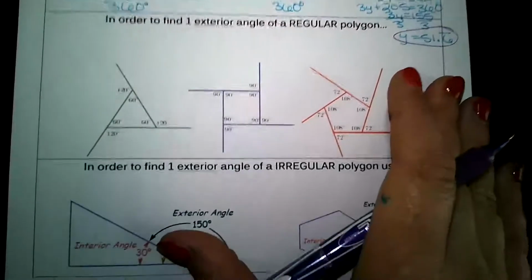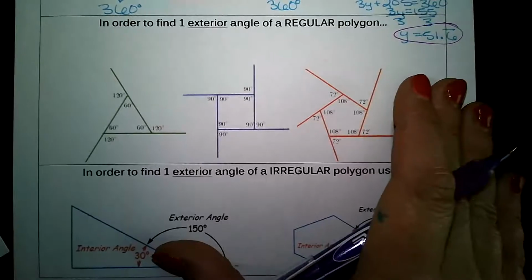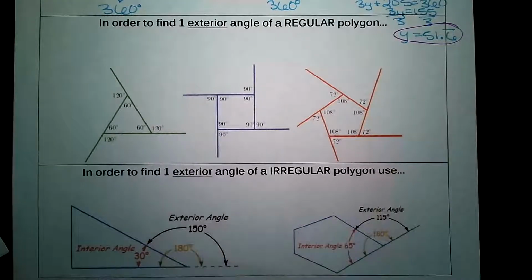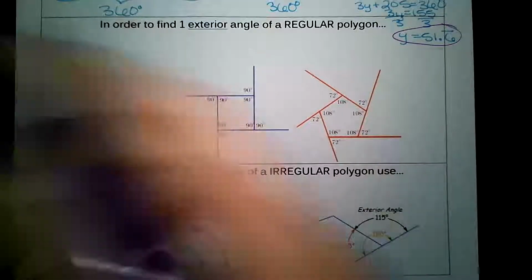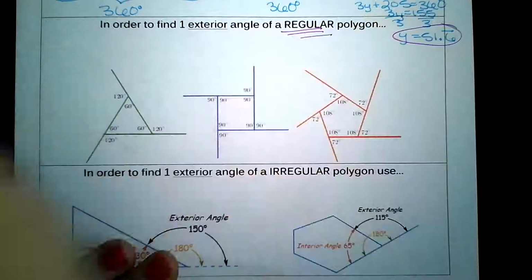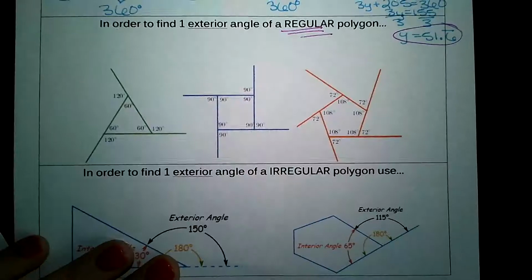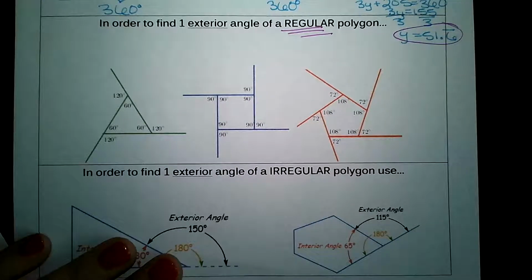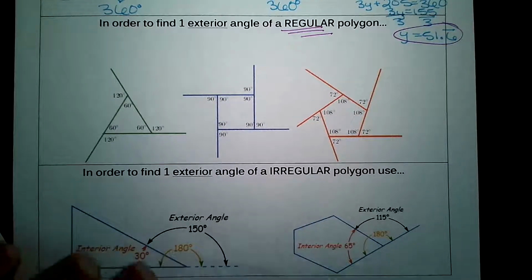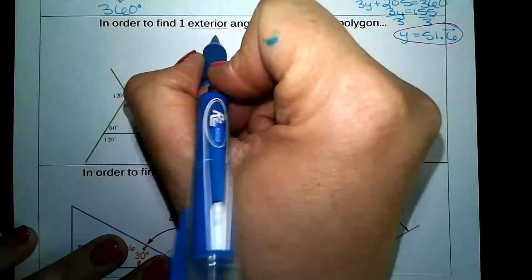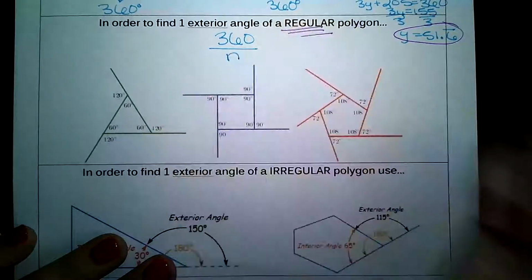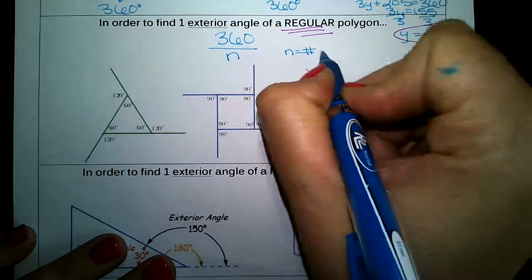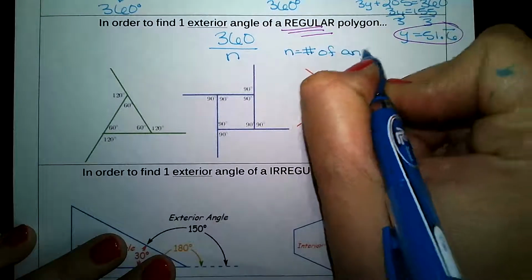Next, we're going to work on one exterior angle of a polygon. Now, super important. In order to find one exterior angle of a regular polygon, regular means all sides and angles are congruent. All you have to do is take that sum total of 360 degrees and divide it by n, which represents the number of angles or sides.